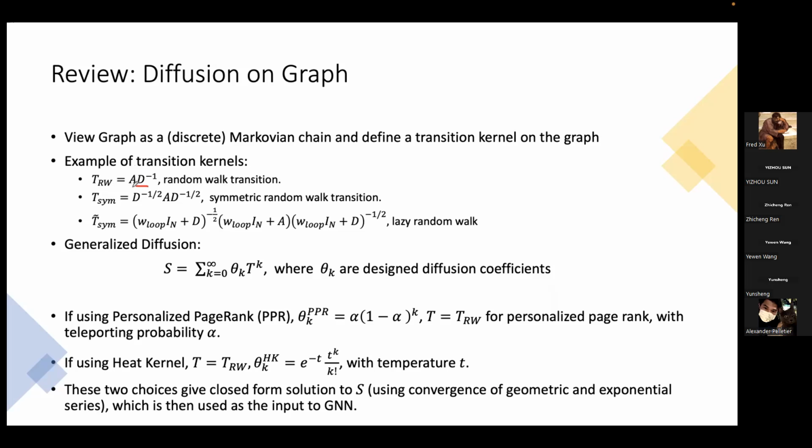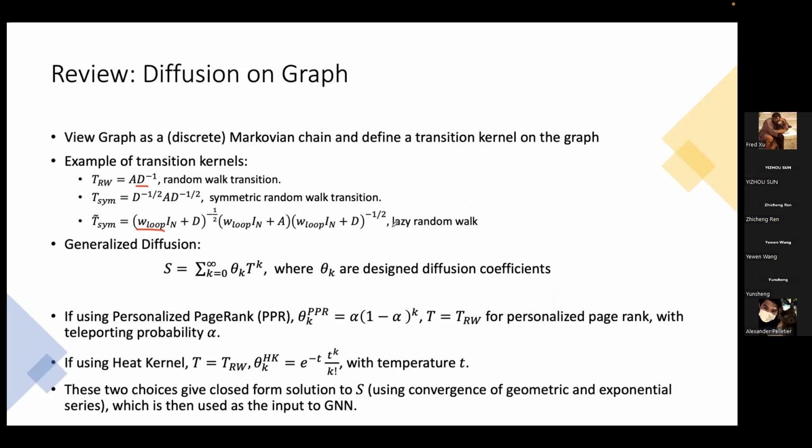The second one is called the symmetric random walk transition. This one we are kind of familiar with. It has appeared in the context of the normalized Laplacian as well. The third one is to add in some inner loop, which is called the loop probability. It means the probability of a node staying rather than going to any of its neighbors.